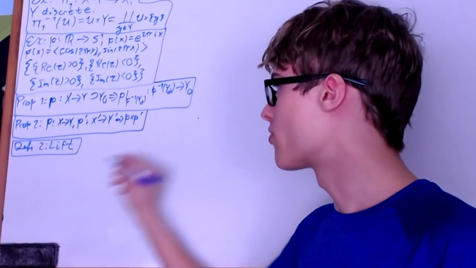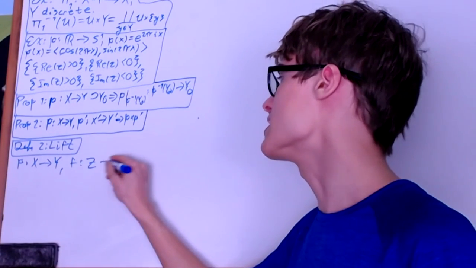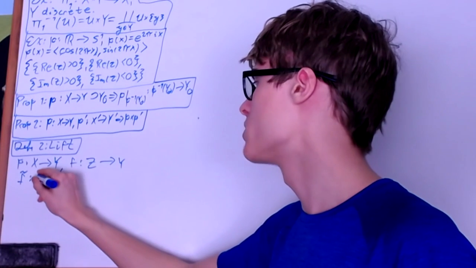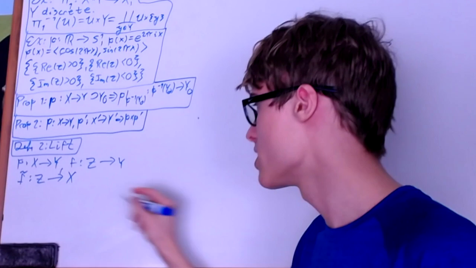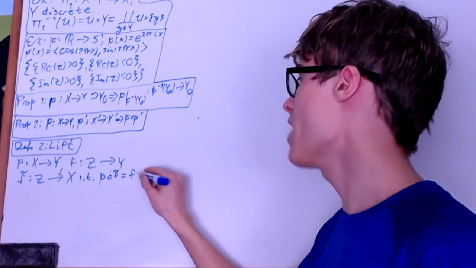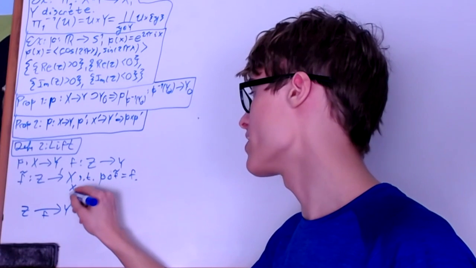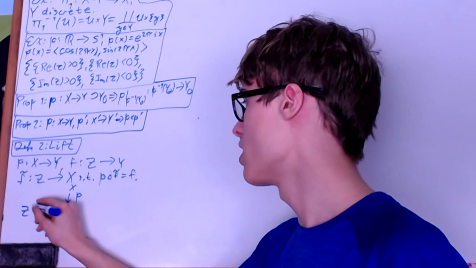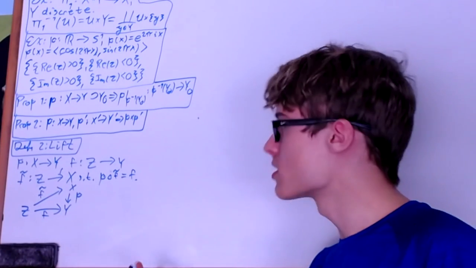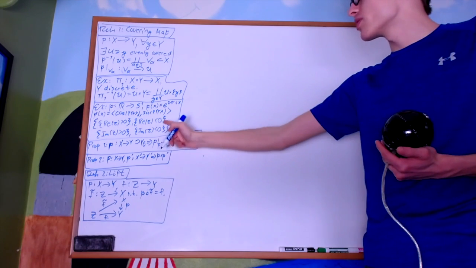First you have to be given a covering map P from X to Y, and you have to be given another map F from some space Z into the codomain Y. Then a lift is a continuous map F tilde from Z into the domain X such that P composed with F tilde is equal to F. So basically we have this diagram: we have Z, we go via F to Y, we have a covering map that goes from X to Y via P, and then F tilde is the map that goes from Z to X. F tilde makes this diagram commute, meaning that if you do F tilde and then P, that's the same as doing F.